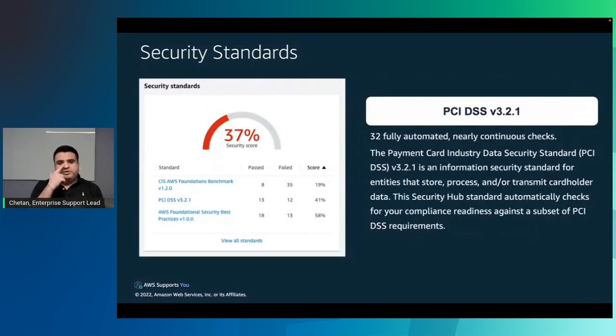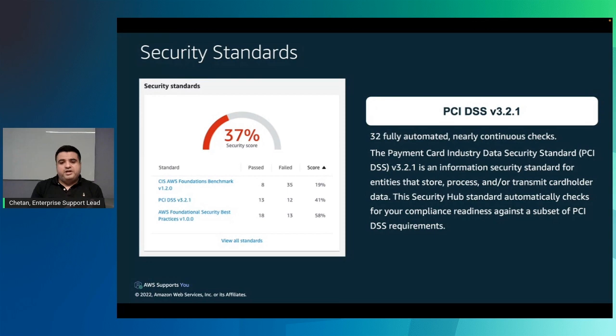So let's look at the next one, which is the PCI DSS version 3.2.1. The Security Hub PCI DSS standard is fundamental for any company that is involved in storing, processing, or even transmitting cardholder data. This means the Payment Card Industry Data Security Standard.